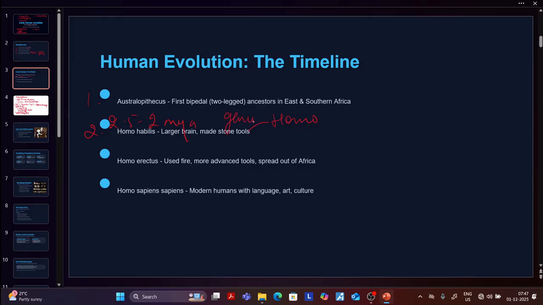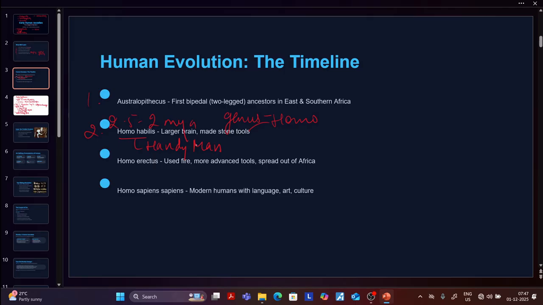Homo habilis, or the handyman, because they are using their hands. This Homo habilis represents a crucial threshold. Brain size increases to 600 to 700 cubic centimeters.